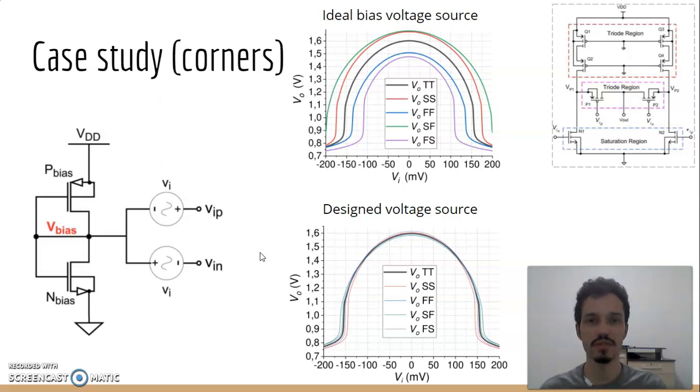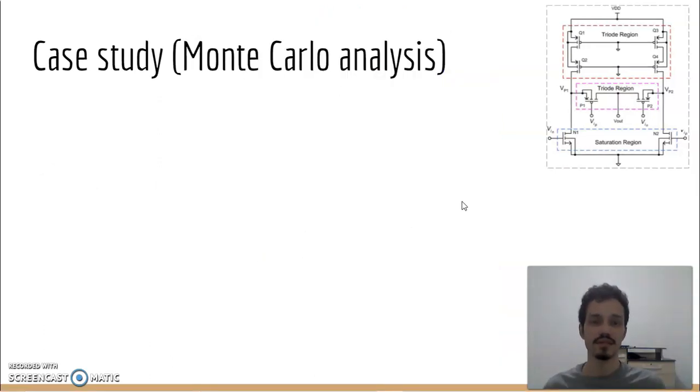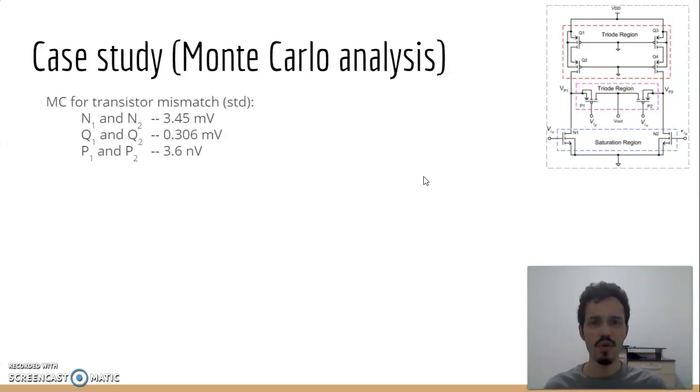To analyze the impact of mismatch within each device group before we lay the circuit out, we ran Monte Carlo simulations using the statistical parameters provided by foundries. When we isolate the effect of mismatch in the group of devices N, we have a standard deviation of the output DC voltage of 3.45 millivolts.